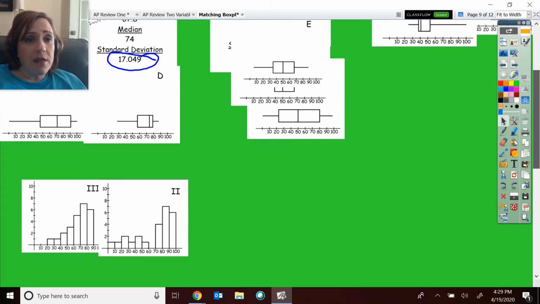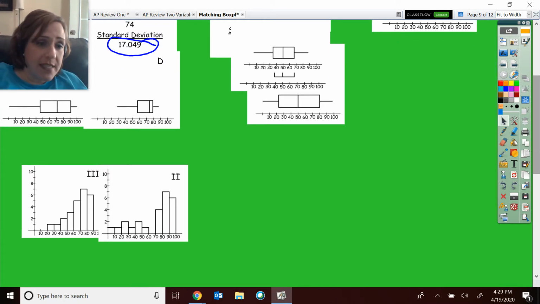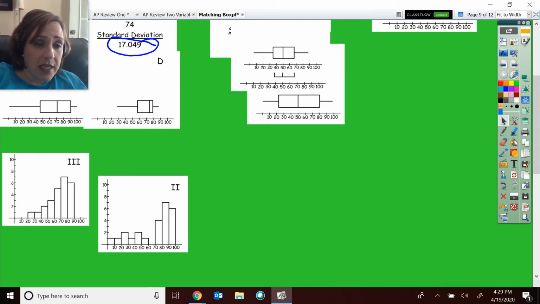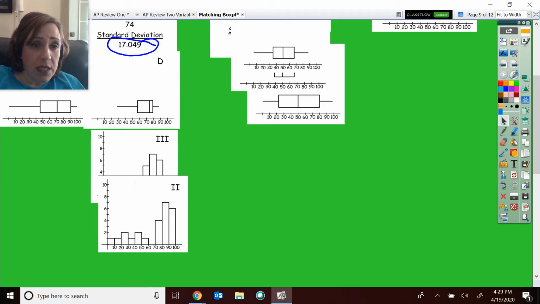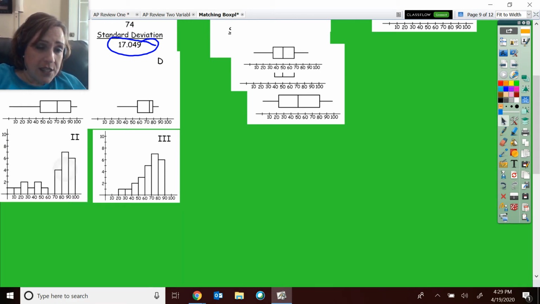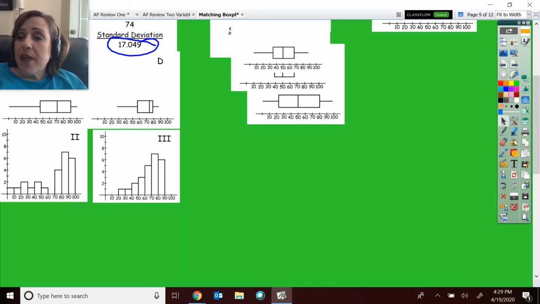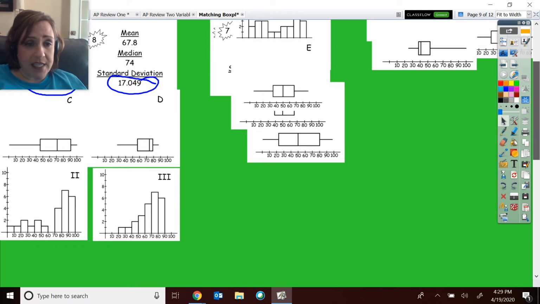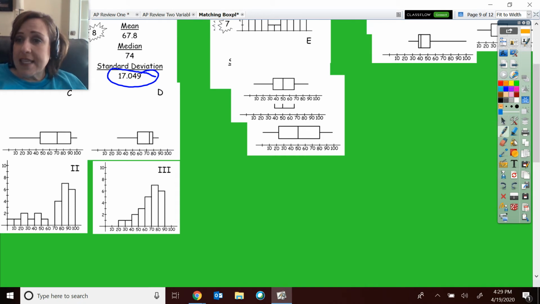I'm going to use that same idea with these. Between these two histograms, it looks like histogram 3 is not as spread out as histogram 2. So that is then going to be my set of histogram, box plot, and data that goes together. Now let me make this connection to you.